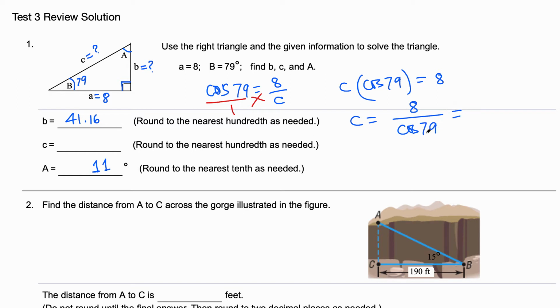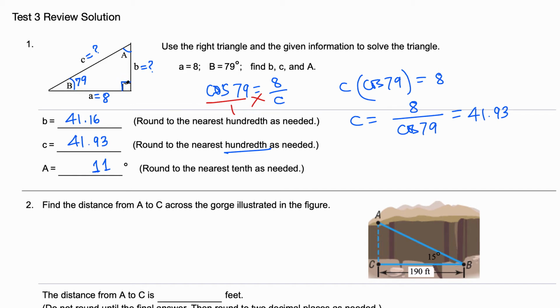Use your calculator, make sure the mode is in degrees. So 8 over cosine 79, and hundredth means 2 decimal places. That gives 41.93. So c is 41.93. You want to make sure that if you have a bigger angle, then the opposite side is longer, because a bigger angle means a bigger opening.